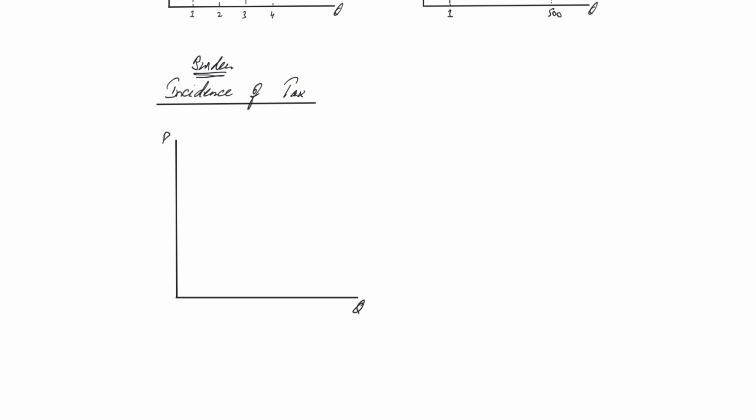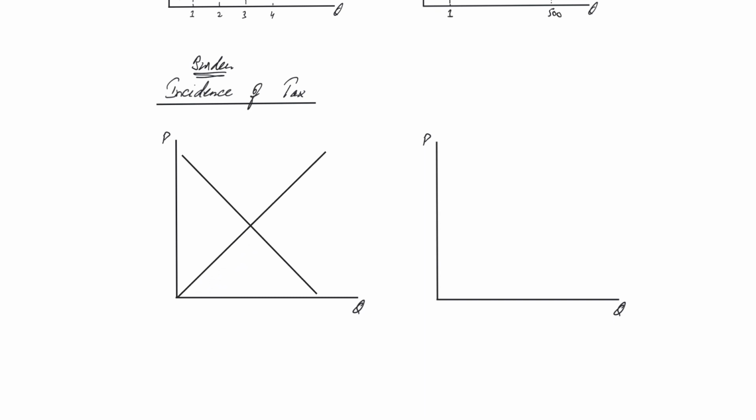Okay, so there are lots of diagrams that we're going to be talking about right now. First, I'll start with the simple basic one: a normal demand curve, a normal supply curve with the equilibrium quantity and an equilibrium price.